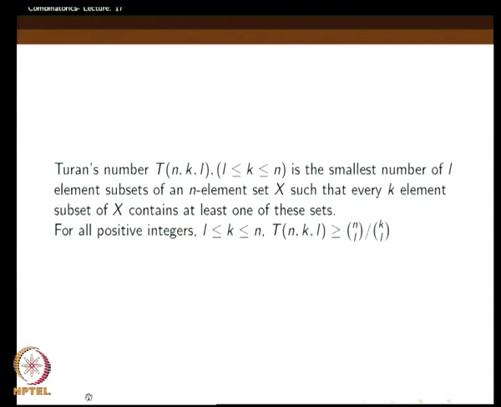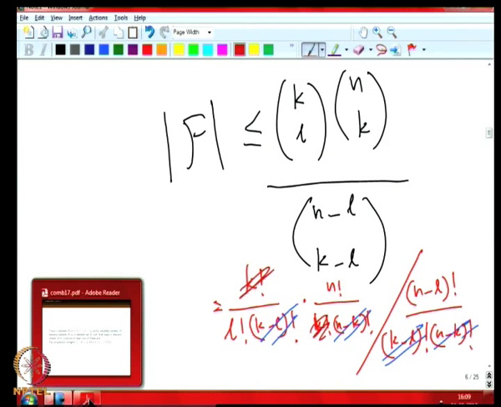We have to get n choose L by k choose L.